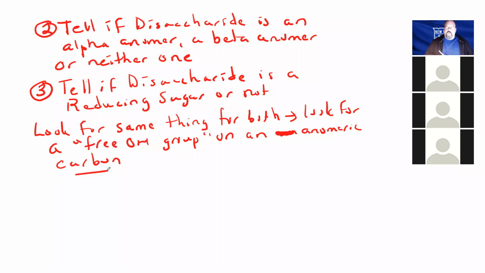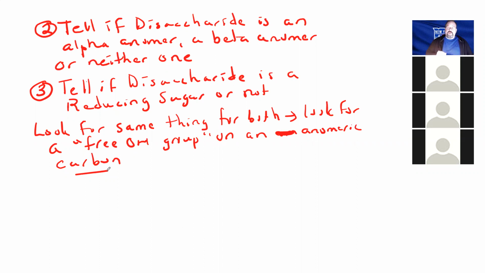Because if you have one, its direction will tell you whether the disaccharide is an alpha anomer or a beta anomer. If it's going downwards, the disaccharide is an alpha anomer. If it's going upwards, the disaccharide is a beta anomer.